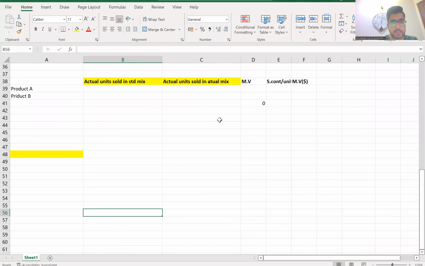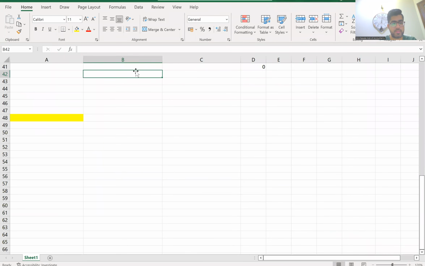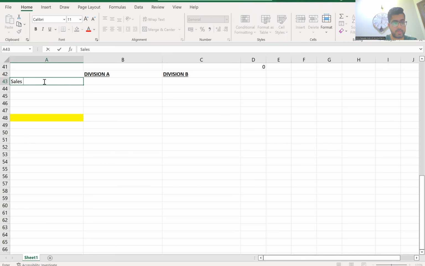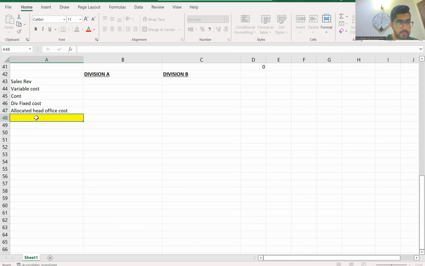Okay. Let's just do these. Division A, division B. So sales revenue, variable cost, contribution, divisional fixed cost, allocated head office cost, divisional net loss.